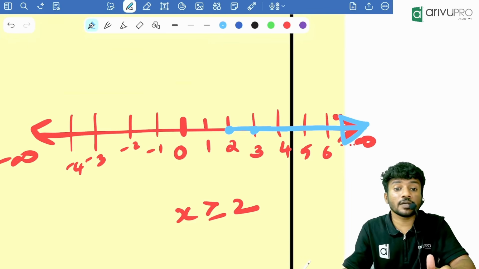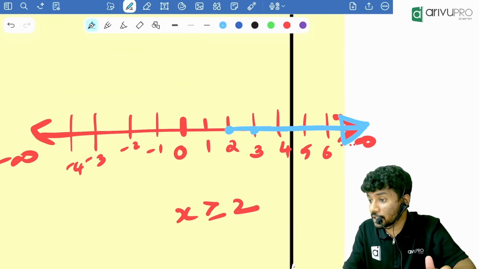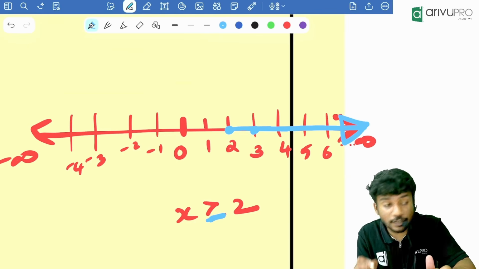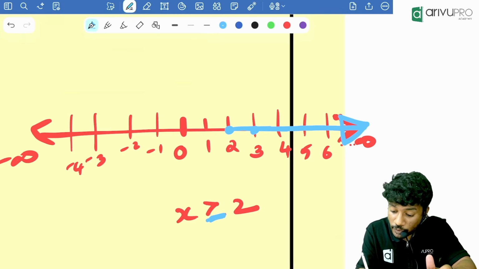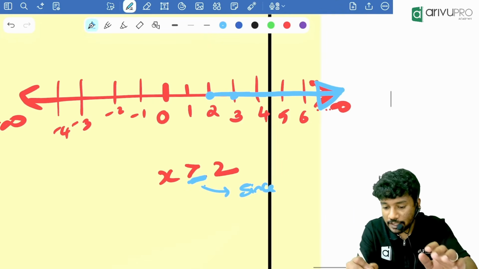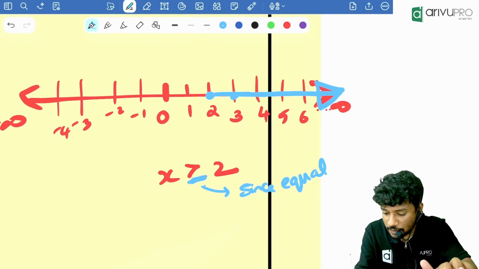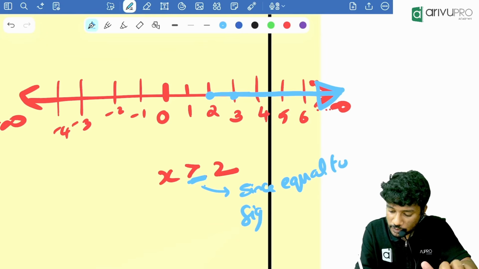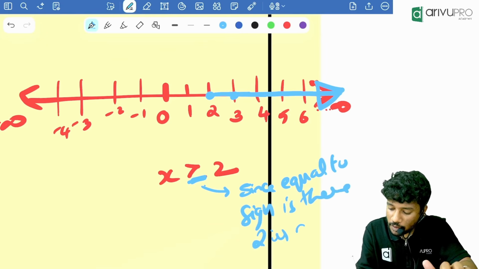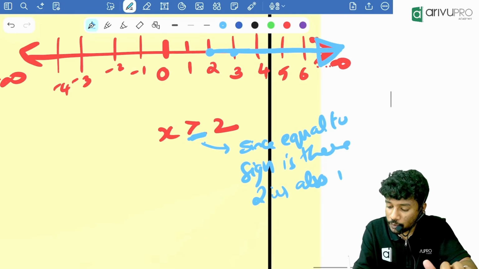Is 2 also included? Yes, because the equal to sign is there. Since greater than or equal to is there, 2 is also included. Make a note of it.